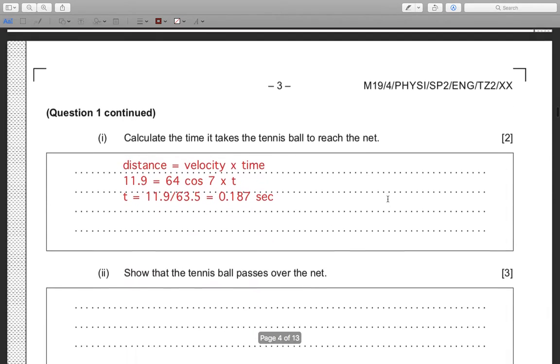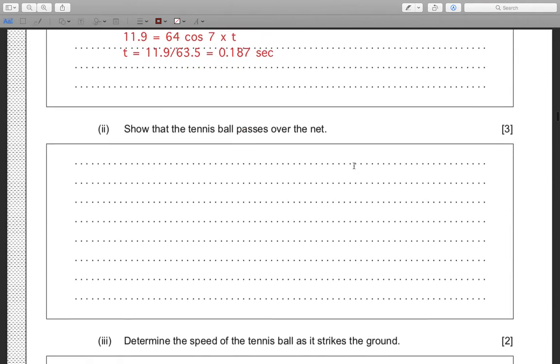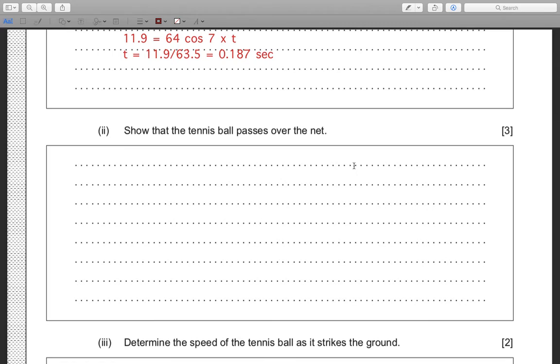The question is, does the tennis ball pass over the net? Okay, this is about the y direction.